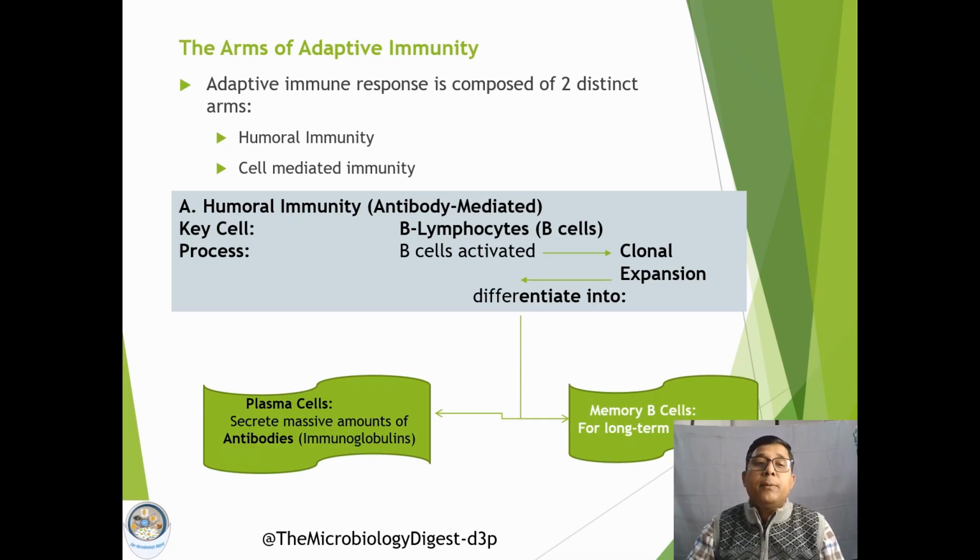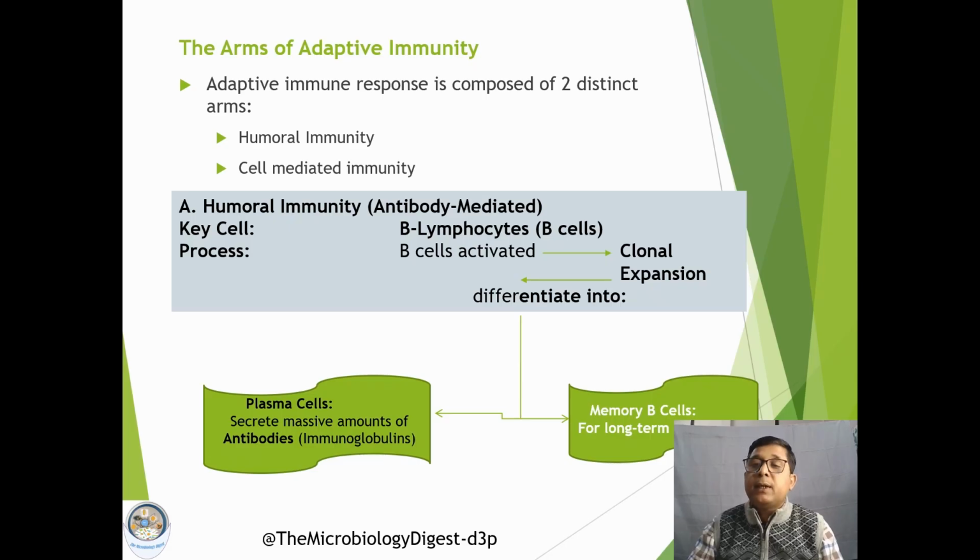In humoral immunity, the key cells are the B lymphocytes or B cells. B cells will first get activated, then there will be clonal expansion, and different subpopulations of B cells will be generated and differentiated into plasma cells as well as memory B cells.